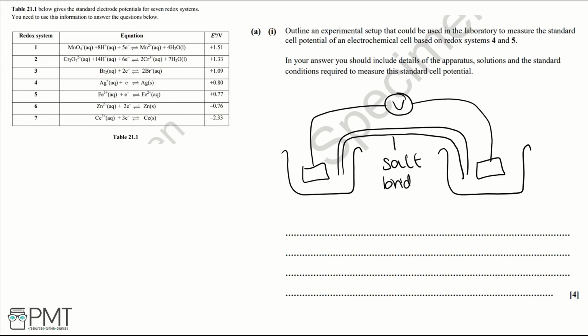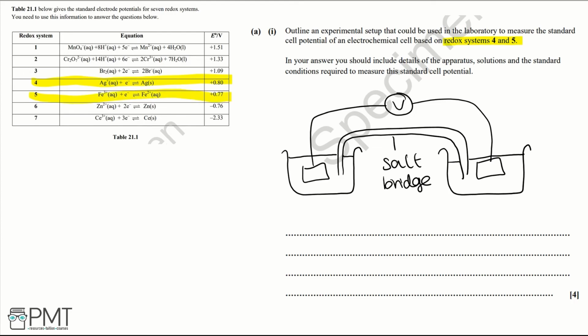And then the next part of the question is identifying what's in your beakers and what your electrodes are made out of. In order to identify this, we need to take a closer look at redox systems 4 and 5. So here's redox system 4 and here's redox system 5.